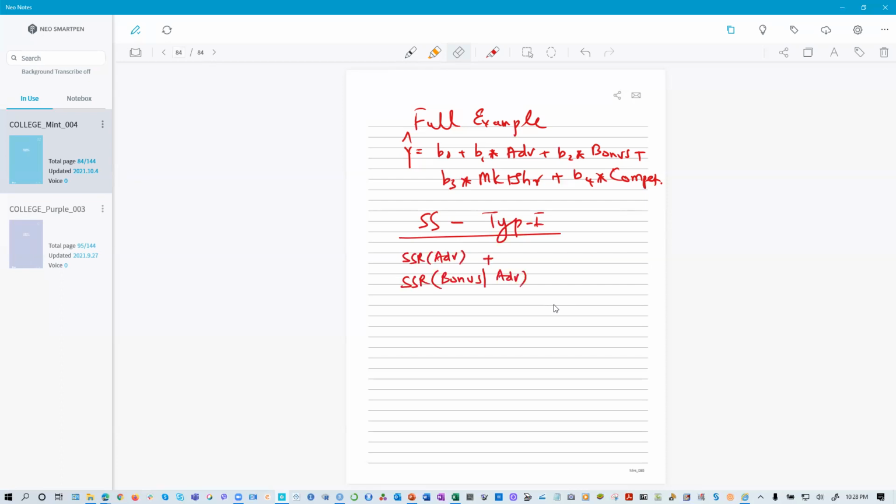Third one, you're going to add market share and calculate the sum of square regression, given that advertising and bonus are already in the system, both. Plus the last one is competition. You're going to add and see, given that you already have advertising, bonus, and market share. That's type 1. Those are the ones you're going to see here.